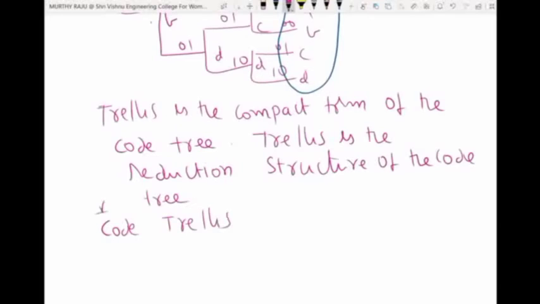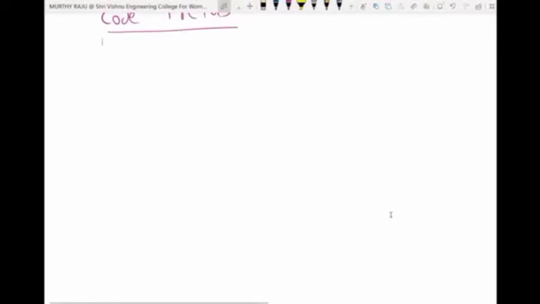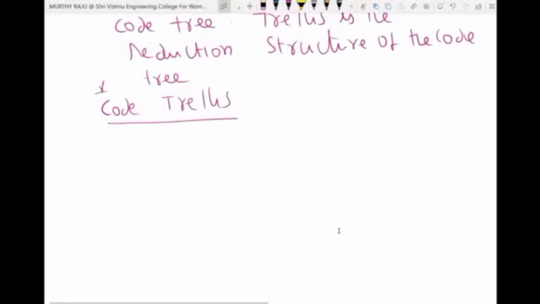This is very, very important. With the help of that code trellis, we have to construct the trellis structure. This is also a graphical representation.